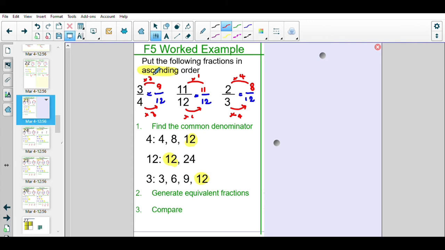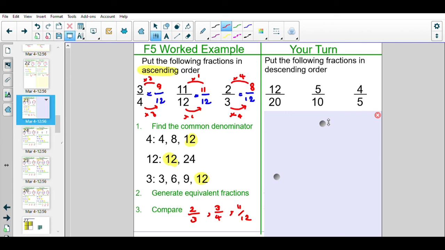We want to compare them, and the question is asking in ascending order. That means the smallest. The smallest one is 8 over 12, however, the original form is 2 over 3. The next one, 9 over 12, the original form, 3 over 4. And the last one, 11 over 12. Make sure you write down the original form.